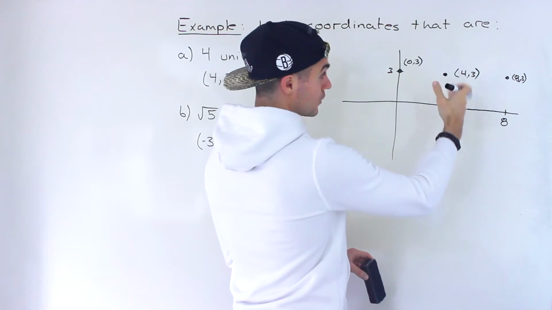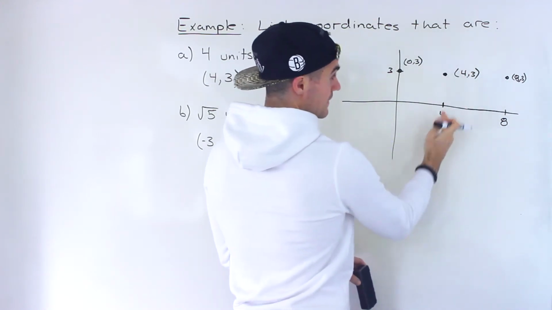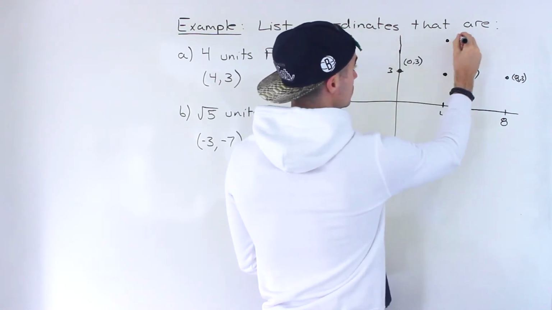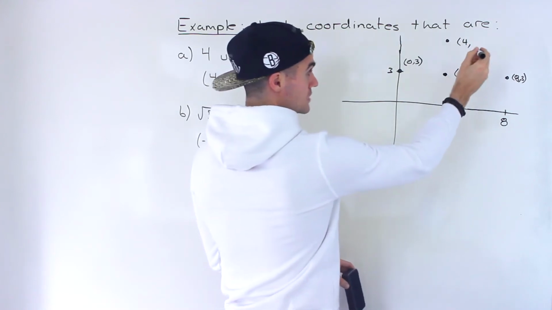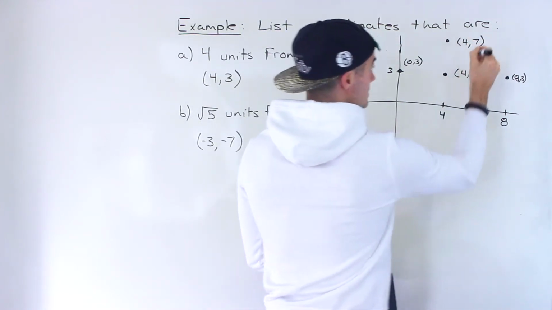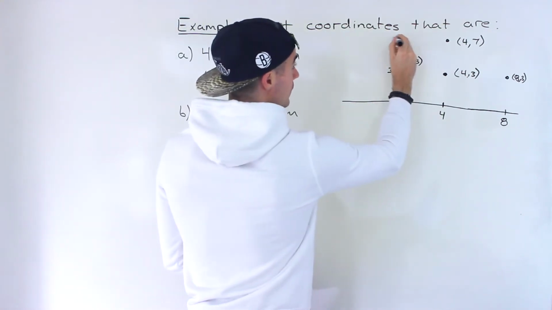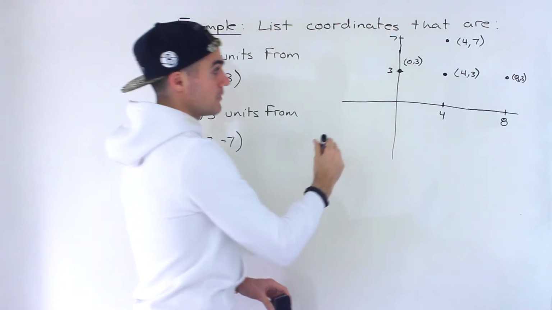You could also go vertically, so you can go up 4 units. Then the x value would stay the same, but the y value would change. What's 3 plus 4? That would give us 7, so (4, 7), a y value of 7 going up by 4 units. Or you can go down by 4 units.